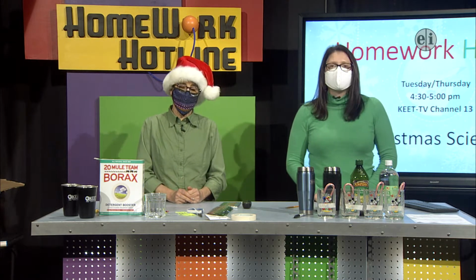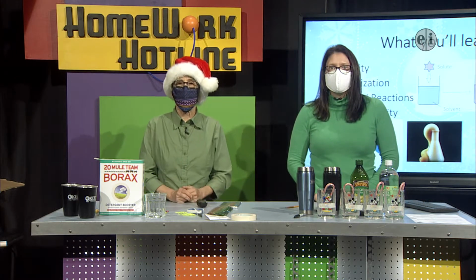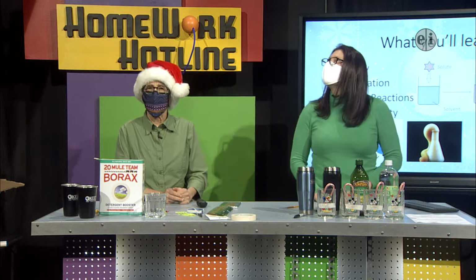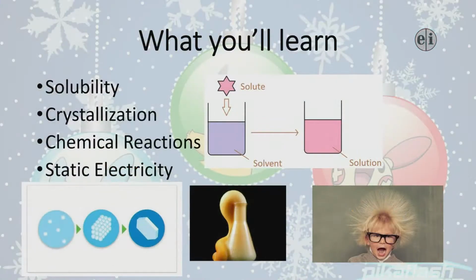So we're going to start, Amy. Let me first go over what we're actually going to learn. On the PowerPoint, one of the things is solubility, and that top picture shows a solute dissolving in a solvent to make a solution. We're going to be looking at the solubility of candy canes in different solutions.